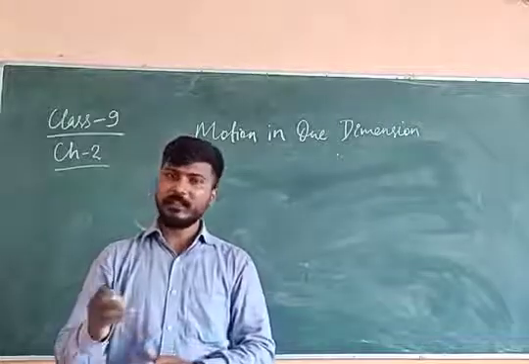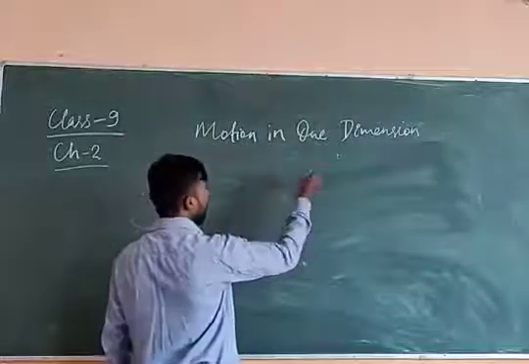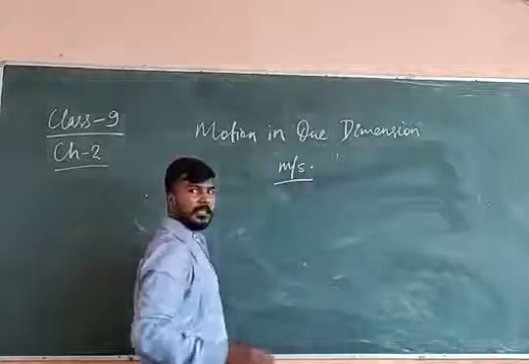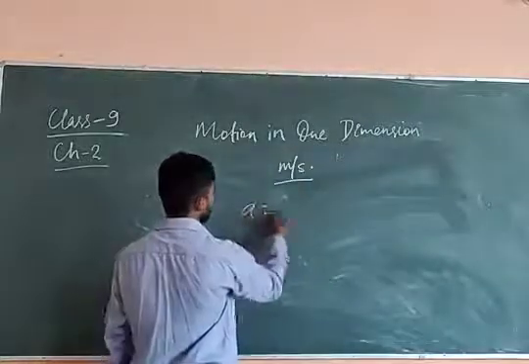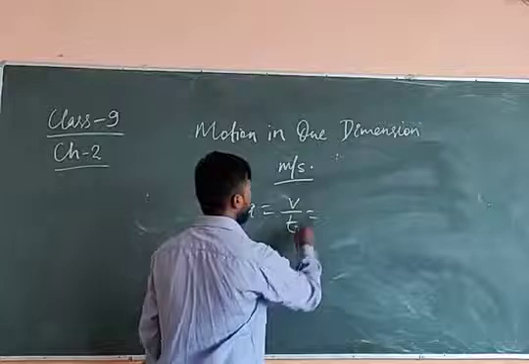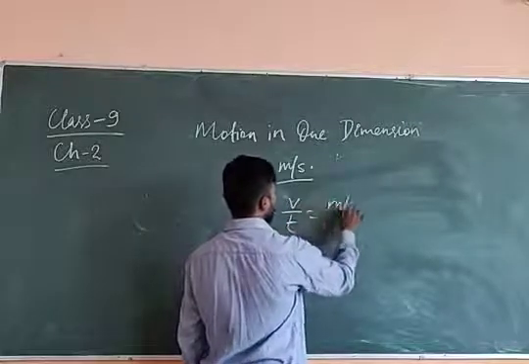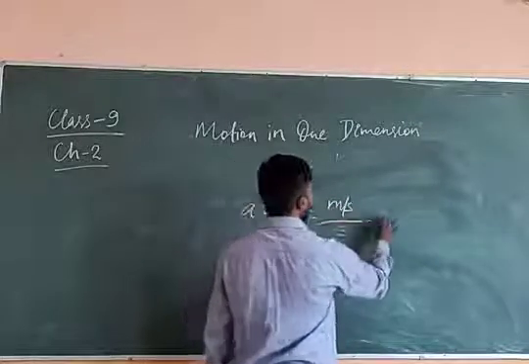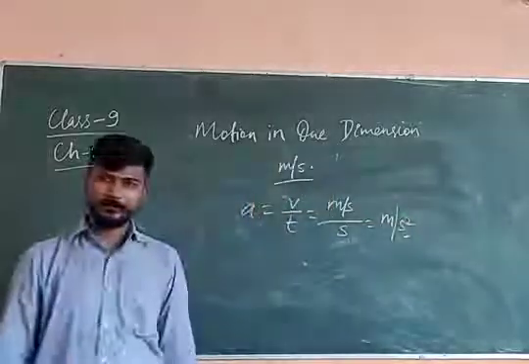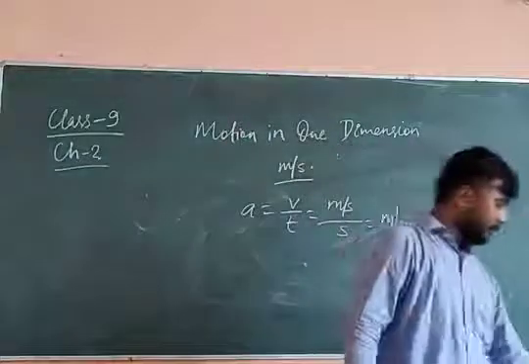The unit of speed and velocity is meter per second, but the unit of acceleration is change in velocity by time. The unit of velocity is meter per second and the time is second. Therefore, meter per second square. Clear?